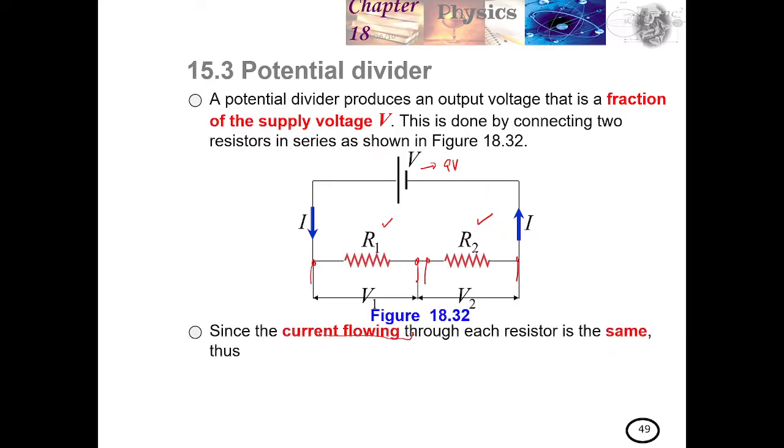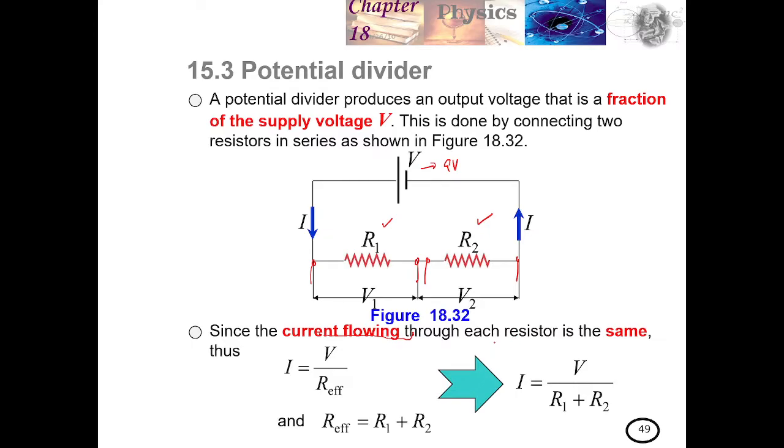The theory is, since the current flowing through each resistor is the same, I equals V over R effective. R effective here is in series, R1 plus R2. So we have I equals V over R1 plus R2, because they are in series.